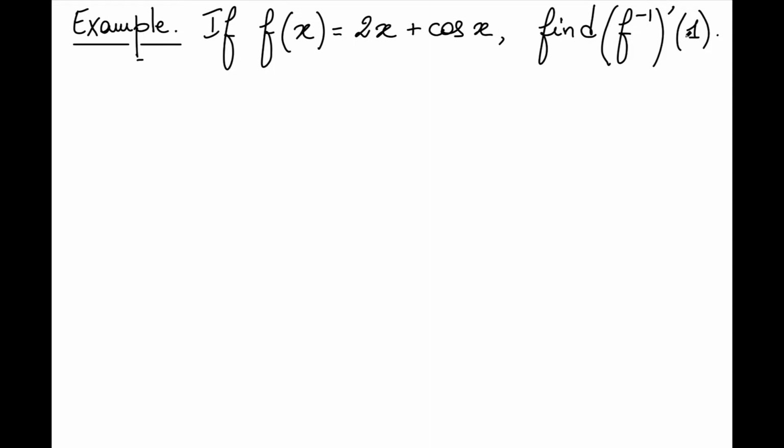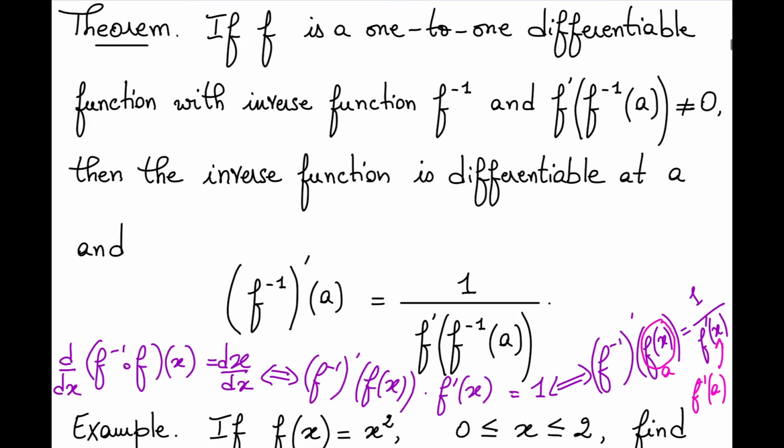In order to actually use that theorem, we have to verify it as we did before. We need to check that the function is one-to-one, and we need to make sure that the function is differentiable. And we need to know that this guy is not 0, correct?